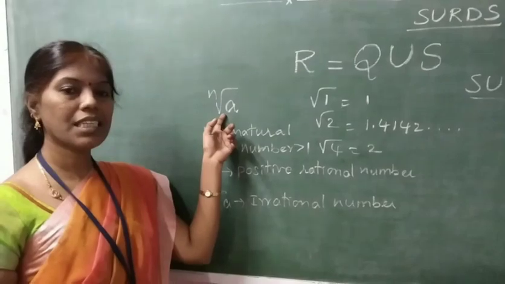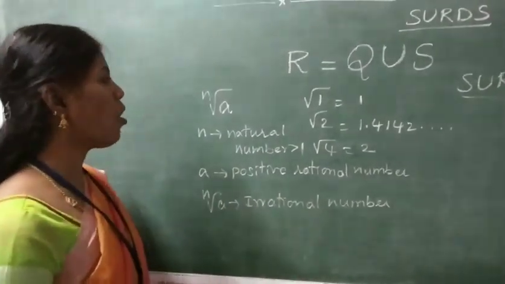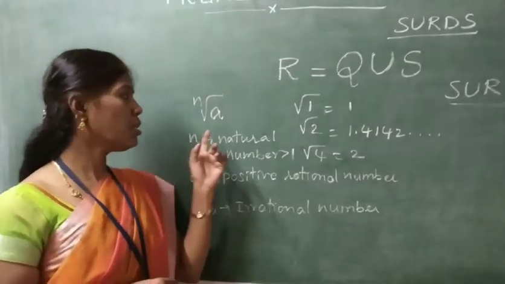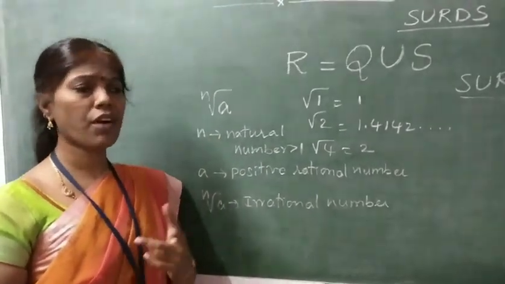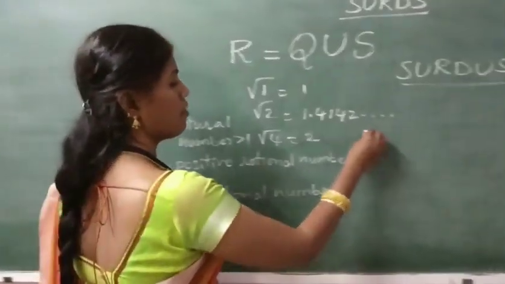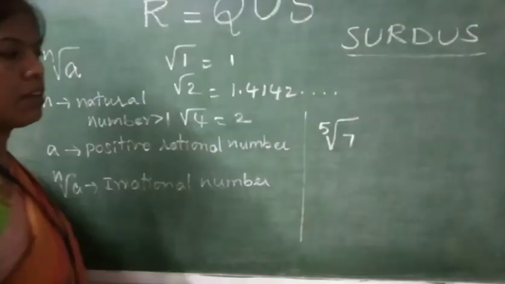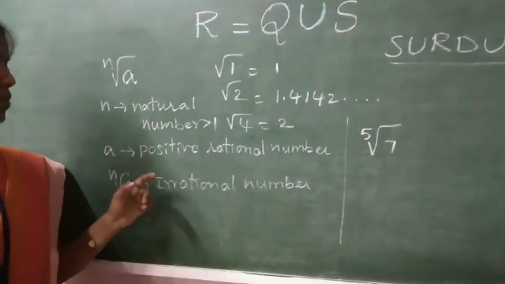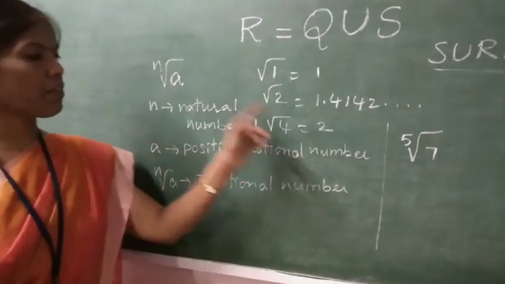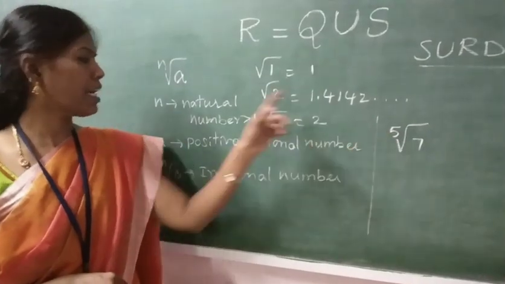According to the order of the surd, we are going to divide them. First we will learn what a surd is. For example, let us take fifth root 7. As I told you earlier, three conditions are to be satisfied. In the place of n, we have 5, which is a natural number greater than 1.